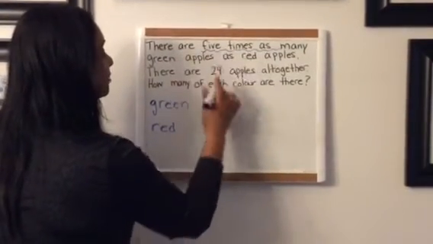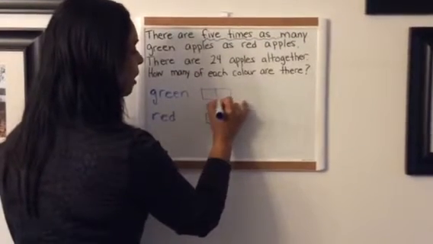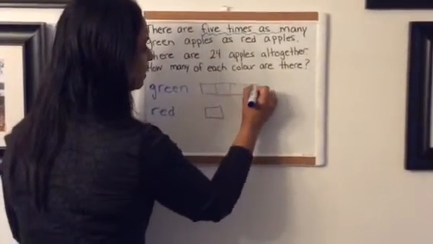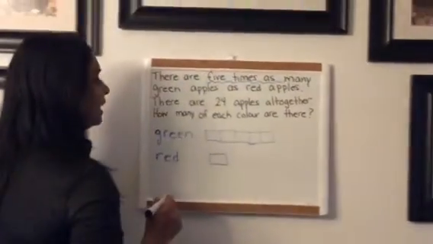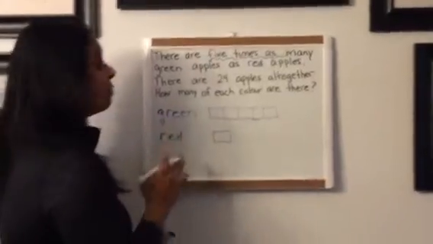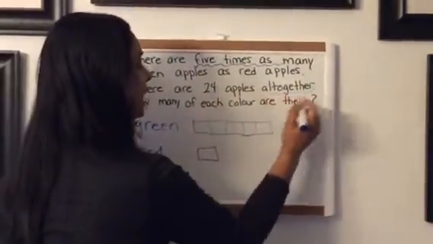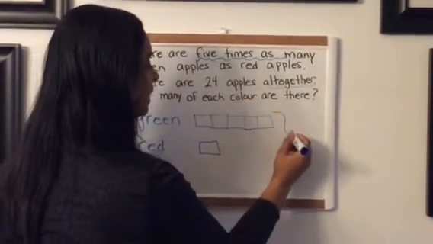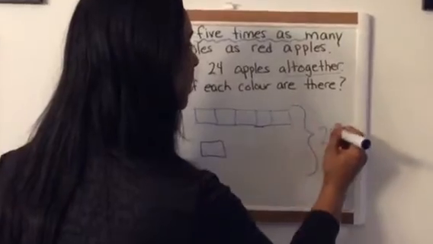And then I know that there's 5 times as many, so I'm going to use 5 blocks to represent the green. All right. Now, also from my question, I know that there are 24 apples all together. So that means here, with all of this, I've got 24.